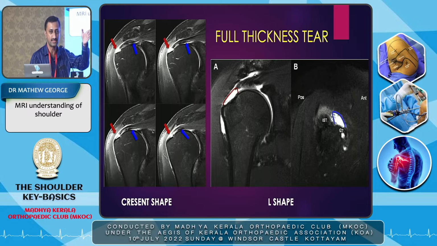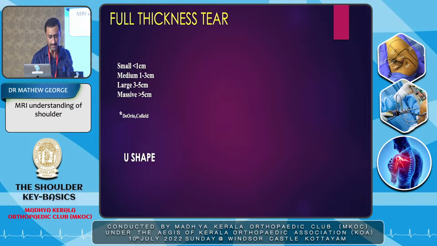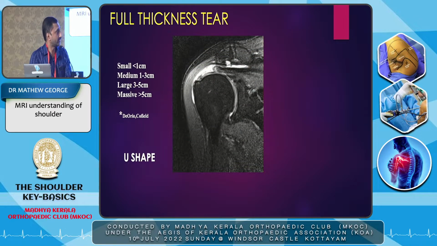When you see such a tear, especially in the sagittal image, that's when you call it an L-shaped tear. So we can, to an extent, identify the types of tear on MRI, even though, of course, arthroscopy is much better.